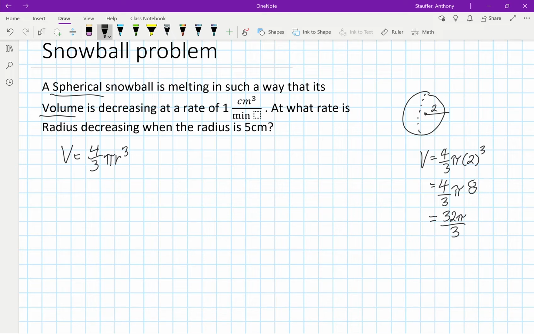That's all good, but it gives me a very static interpretation of what's going on. When the radius is 2, my volume is 32 pi over 3.